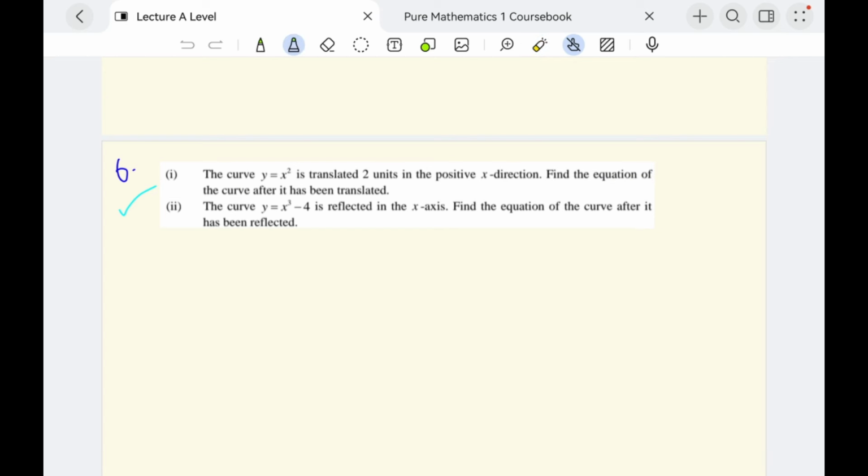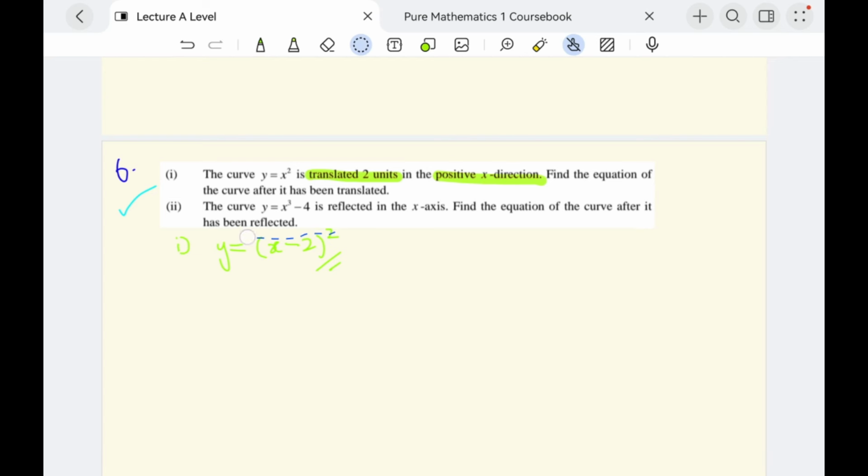Okay, highlight the words: translated 2 units, positive x direction. What does it mean? You need to transform by x minus 2. This one you should memorize, it's the general form of x minus 2. Minus 2 means you move your graph to the right by 2 units. So this is a translation. Alright.